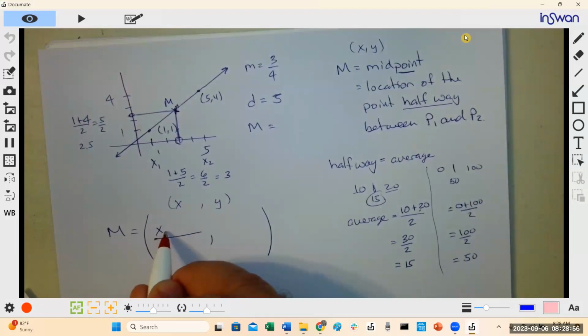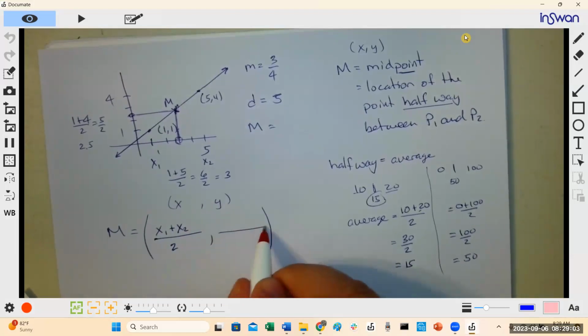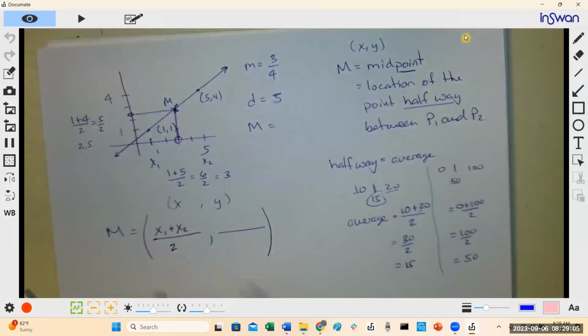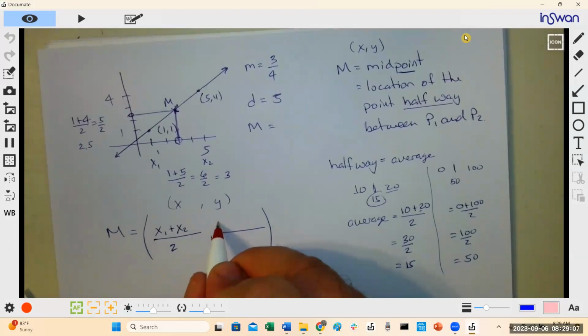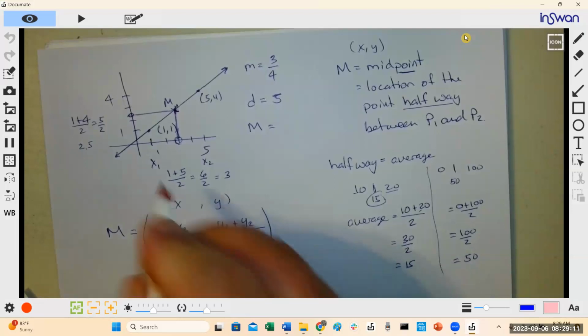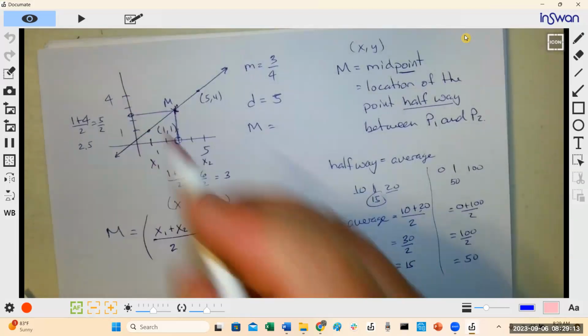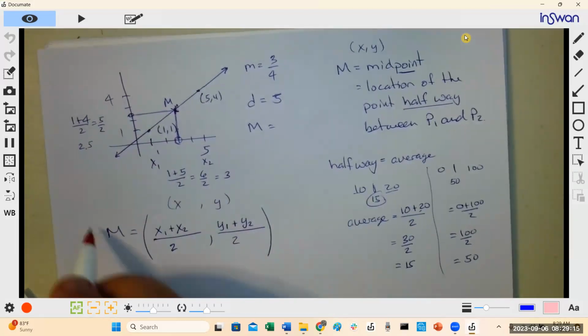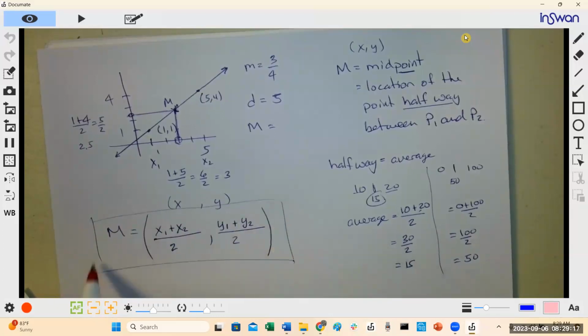So we add our endpoints, x1 plus x2, divided by 2. Same thing with the vertical ones. We take the first point, the lowest and the highest, and divide by 2. And there's your midpoint formula.